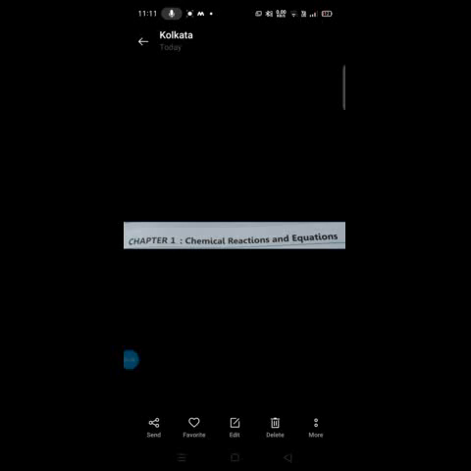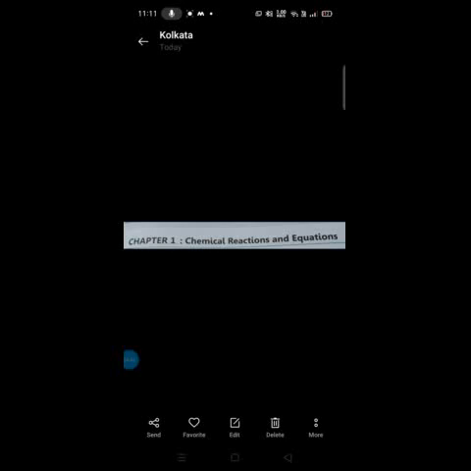Why? Because according to the reactivity series, zinc is more reactive than copper, so copper cannot displace zinc from its salt solution. But if it had been the opposite, like CuSO4 plus Zn, then ZnSO4 plus Cu would have been formed.